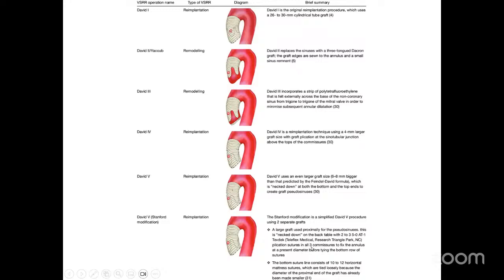Plication sutures in all three commissures fix the annulus at the present diameter before tying the bottom row of the sutures. The bottom suture line consists of 10 to 12 horizontal mattress sutures, which are tied loosely because the diameter of the proximal end of the graft has already been made smaller.